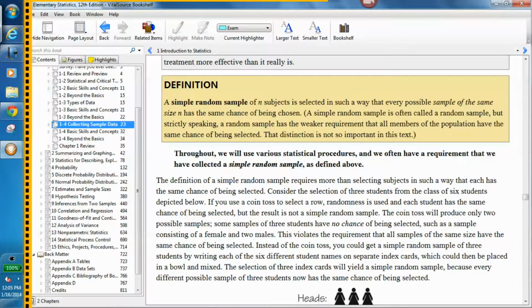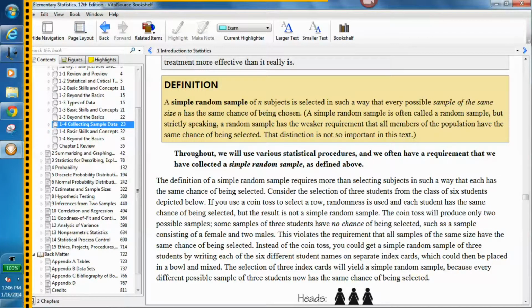Alright, a simple random sample. A simple random sample of n subjects is selected in such a way that every possible sample of the same size n has the same chance of being chosen. So you want to make sure that any sample that was chosen has the same chance of being chosen.